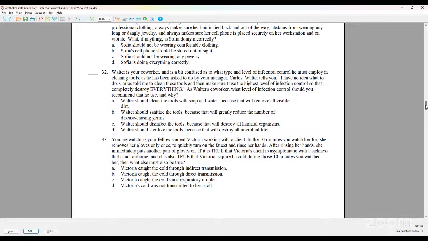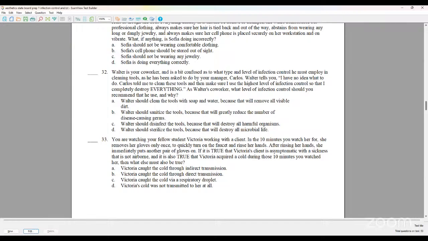C. Remember, he has to completely destroy everything. D. How many of you guys said D? I say D. Okay, yeah, D is correct. Walter should sterilize the tools because that will destroy all microbial life.